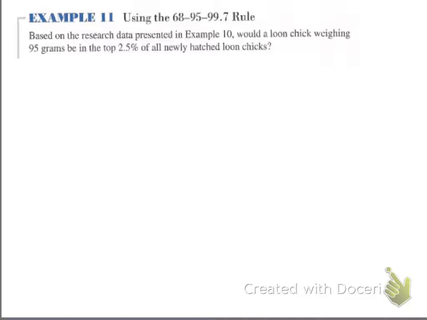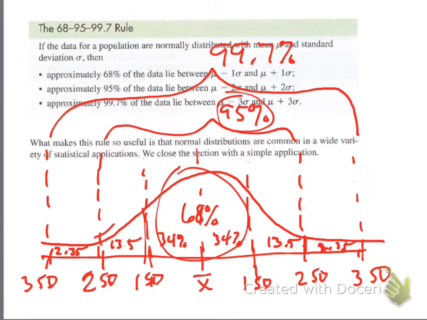It says, based on the research data presented in example 10, would a loon chick weighing 95 grams be in the top 2.5% of all the hatched loon chicks? So here's what you do. It's X bar. When you look at this graph, this is the area they're looking at.